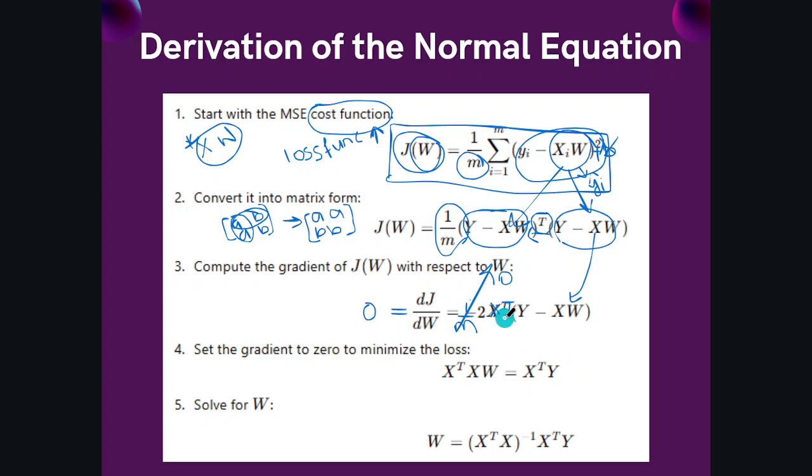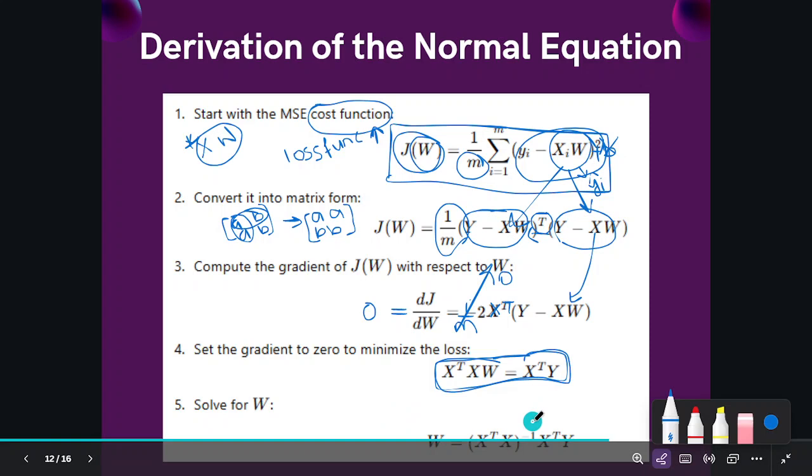Now we have set this gradient to 0, and then we got this particular thing. When we calculate 2X transpose into (y minus Xw) equal to 0, we get some equation like this. And then when we solve for w, we get this particular equation.